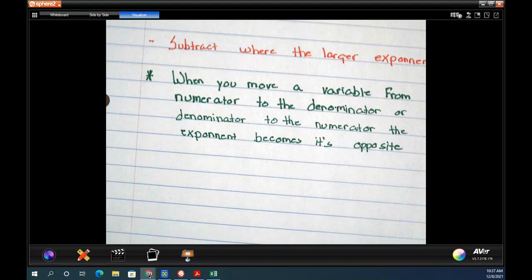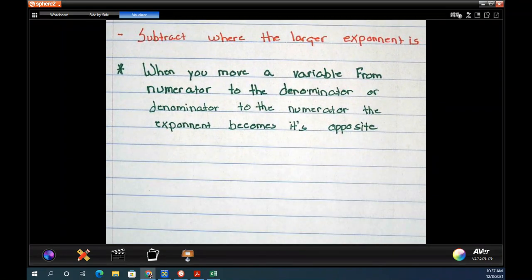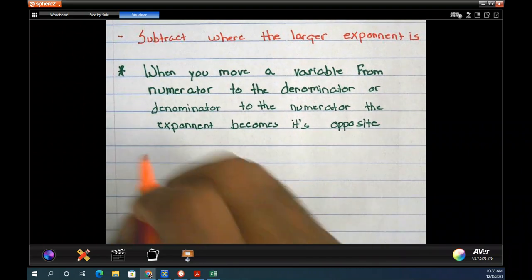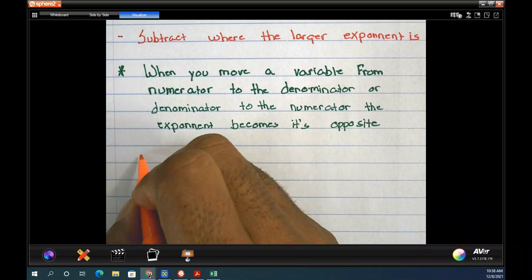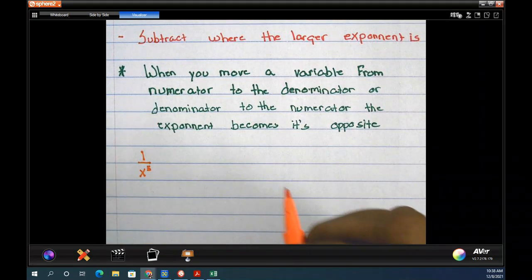Because this is the big one. All right, here's an example. Let's say we have 1 over x to the 5th. Okay?